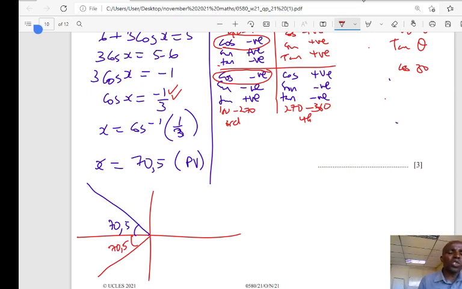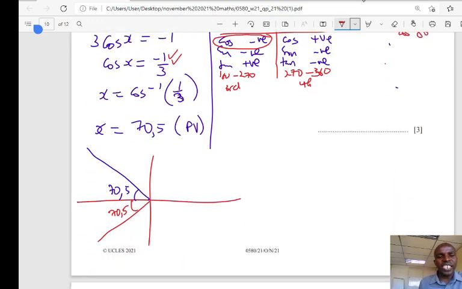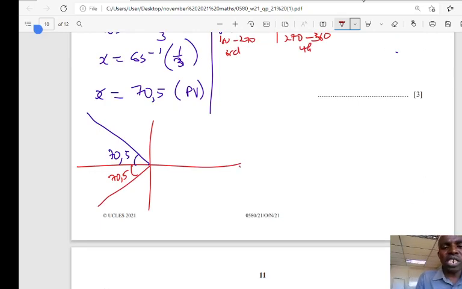Now, how do you solve this one? The angles needed in this case are between 0 and 360. The angle is always the angle made with the positive x-axis. This one is the positive x-axis. We take the angle between the positive x-axis and the line.